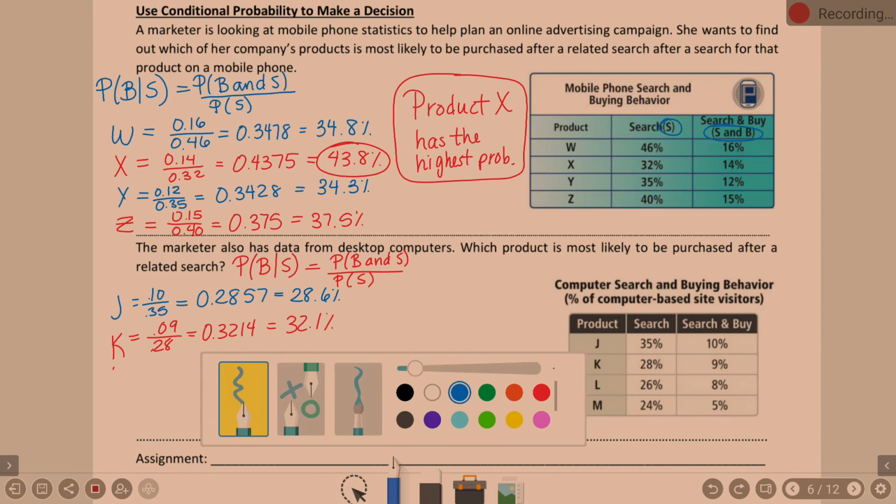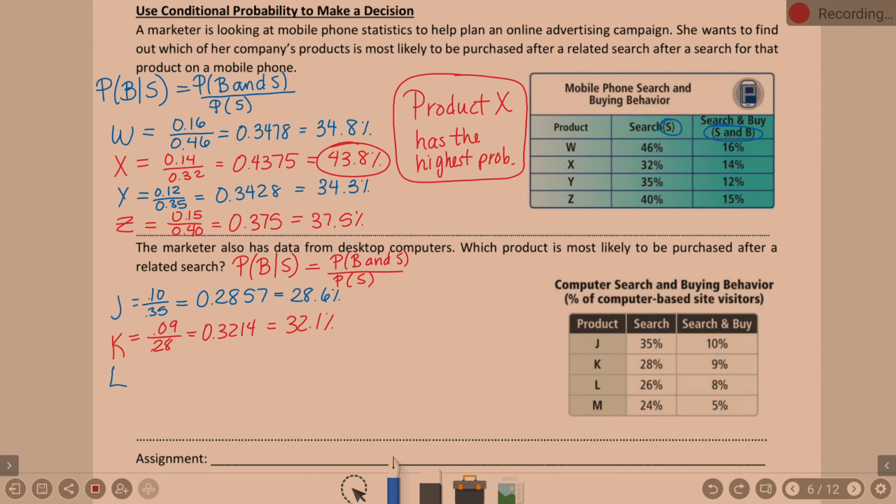L. 8% divided by 26% is 0.3077, or in other words, 30.8%.